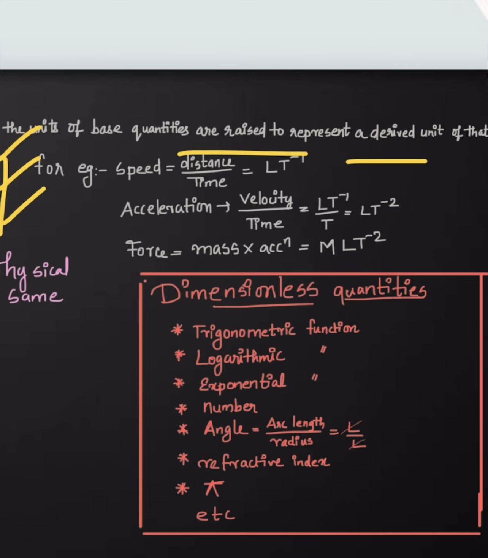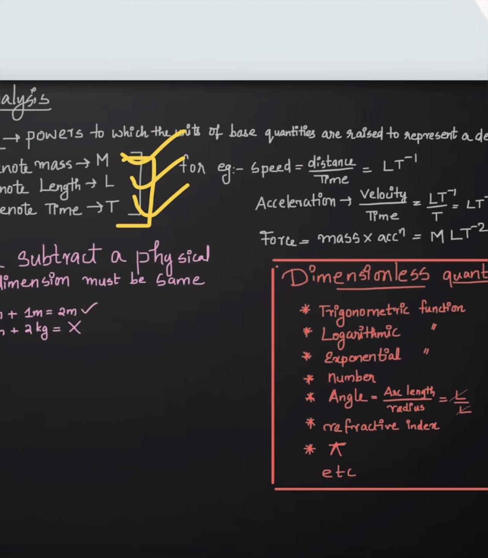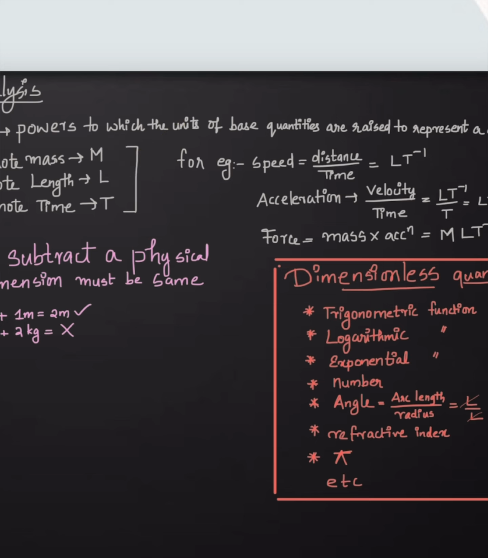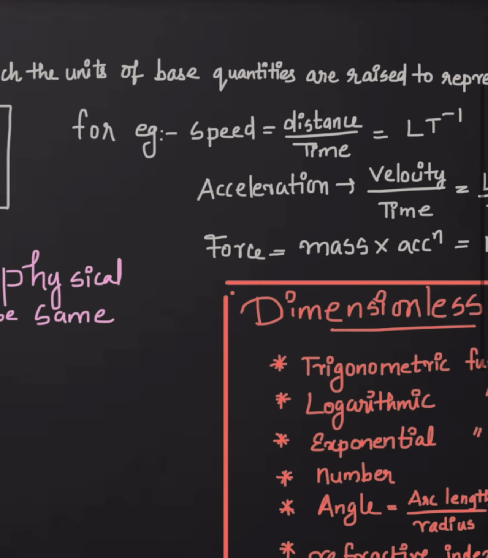For example, speed equals distance by time. Distance can be represented as L, and for time we use T, so it is L T raised to minus 1.